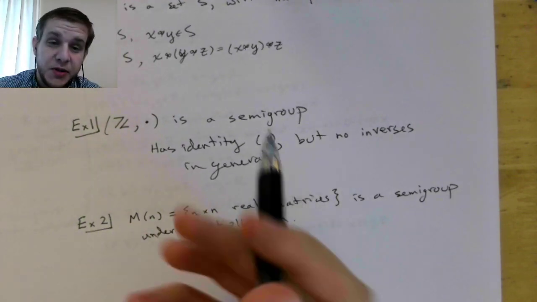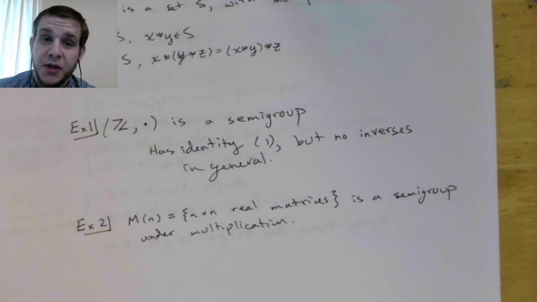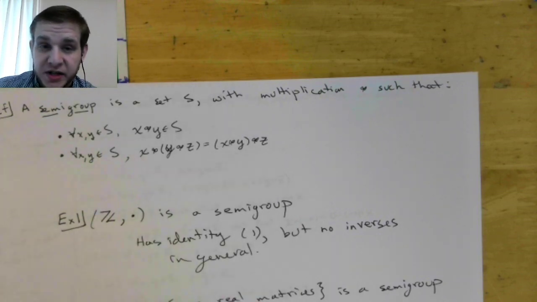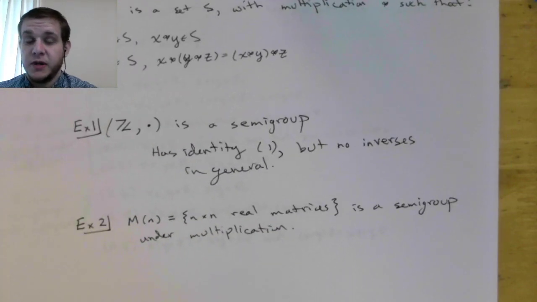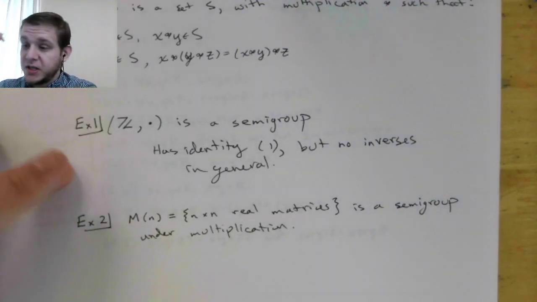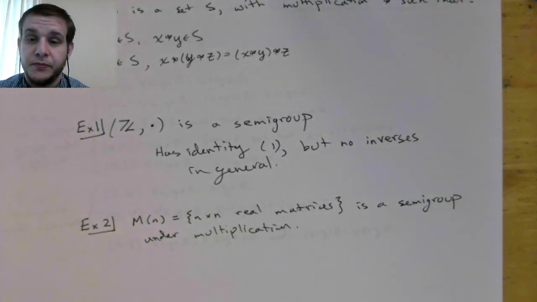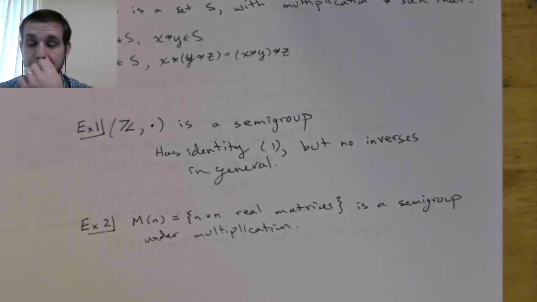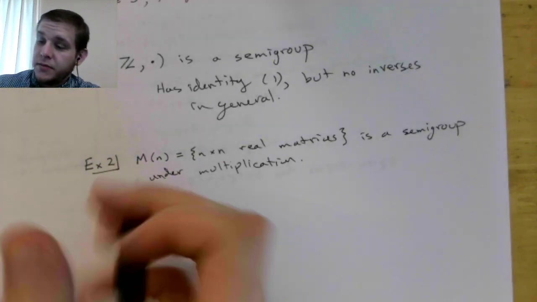Right, and it's very similar to the integers, except it's not abelian, right? We don't necessarily need things to commute. I mean, there are abelian semigroups. This is an abelian semigroup. This is a non-abelian one. Let's do one more.